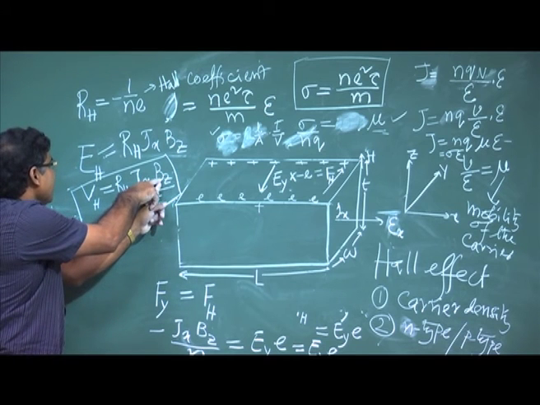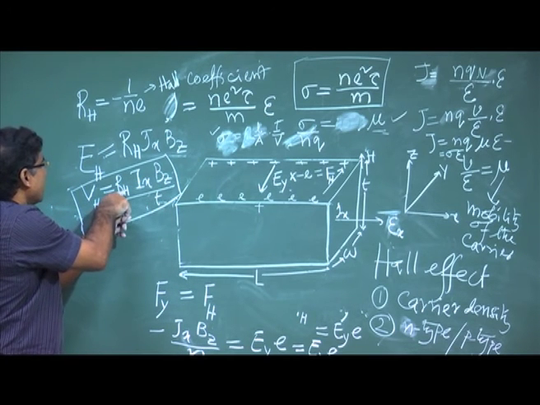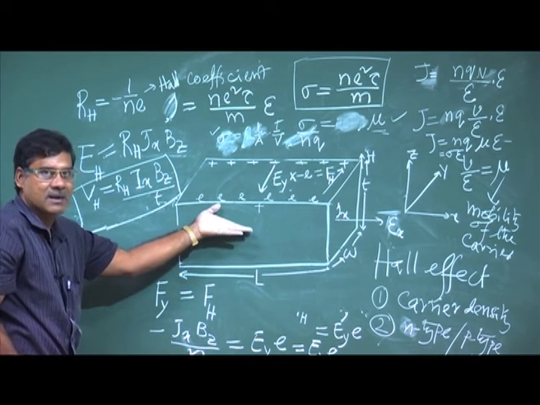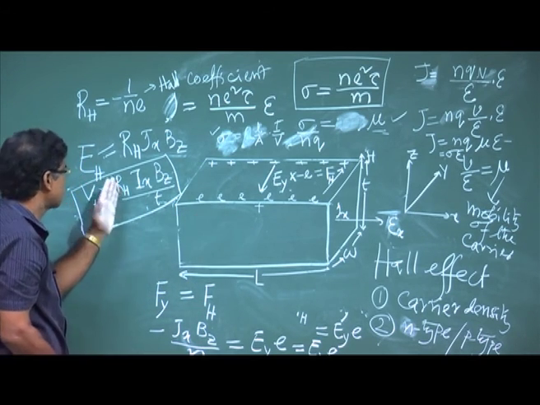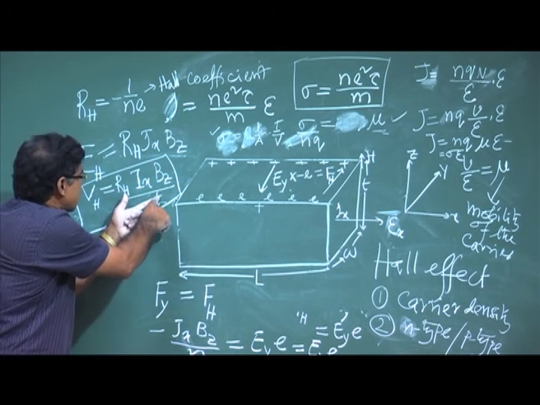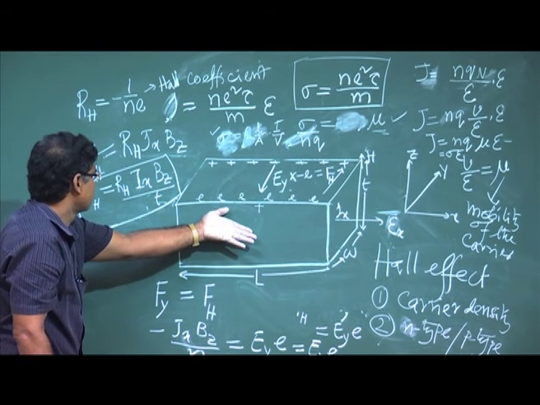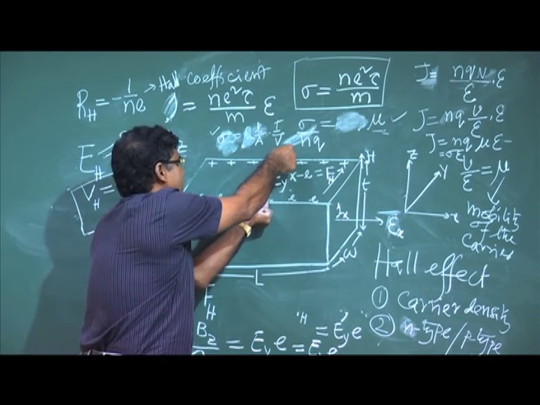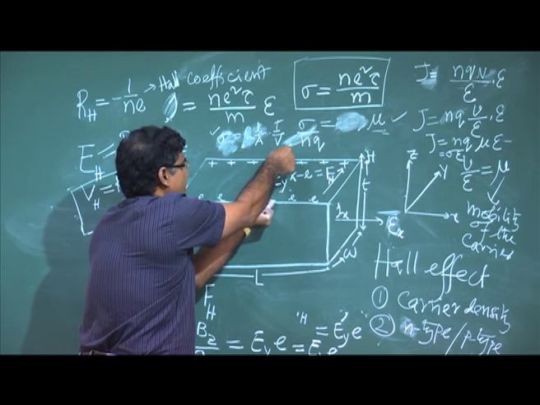So, what will happen? This RH is constant, of course, it's the property of the sample, nothing to do with this constant and this T constant. So, what I will get? I will only measure this Hall voltage.